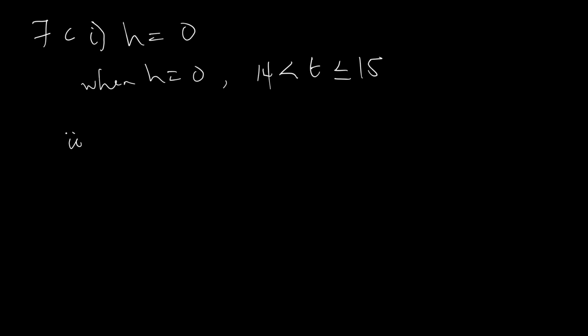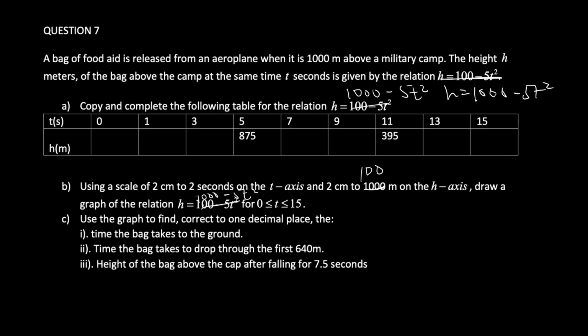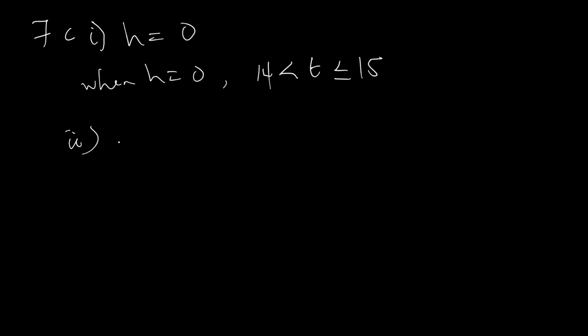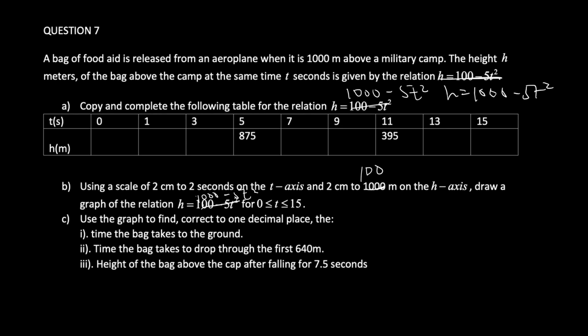Now, it says the time the bag takes to drop through the first 640 meters. So, h new will be 1,000 minus 640.